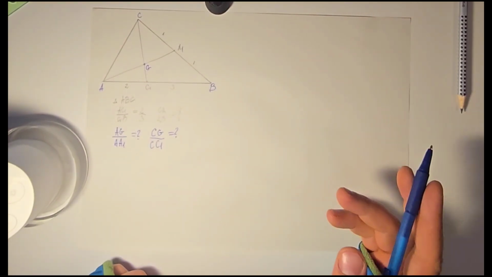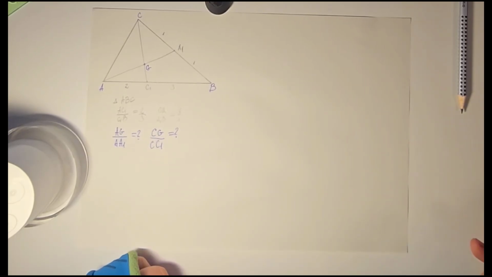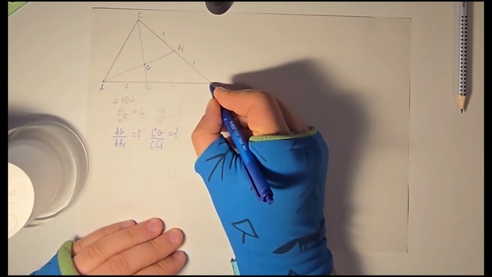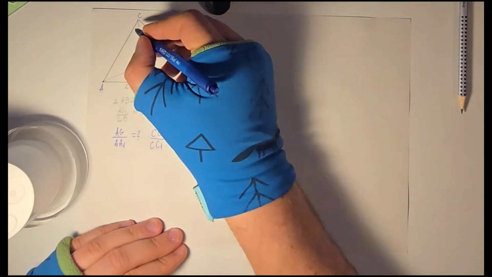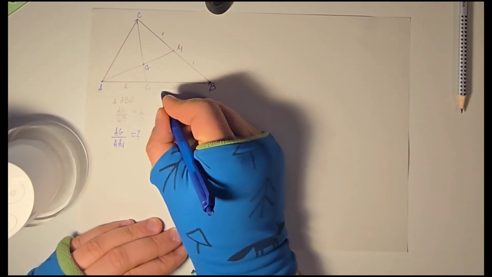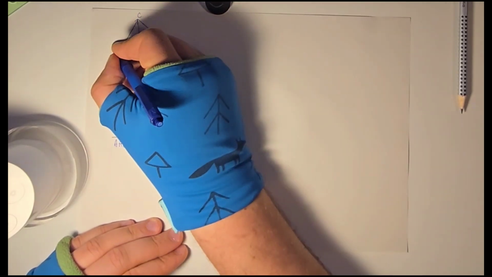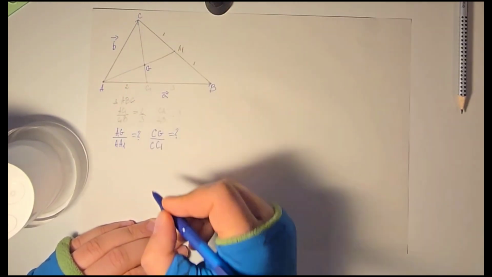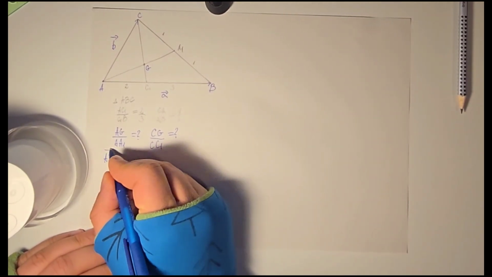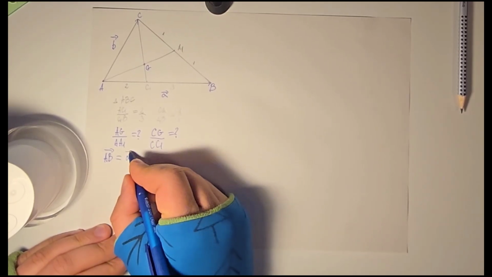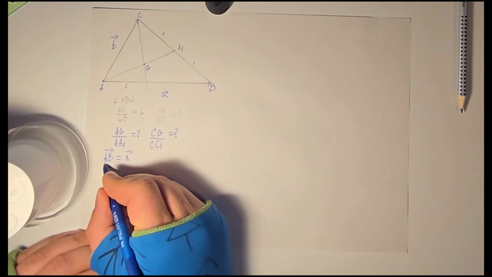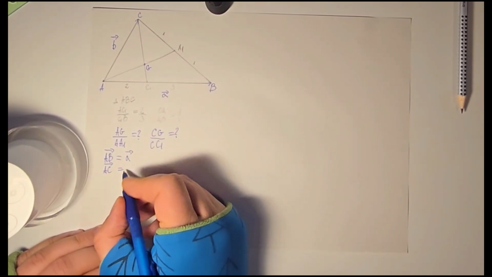First we select our basis vectors. And our basis vectors in this case would be AB and AC. AB would be named a and AC we would name b. I'm going to write this down. So vector AB is going to be named a and vector AC is going to be named b.